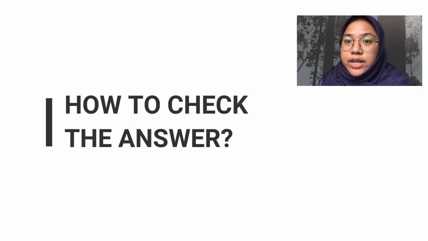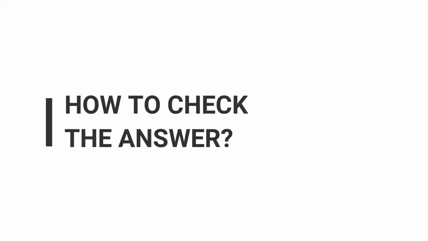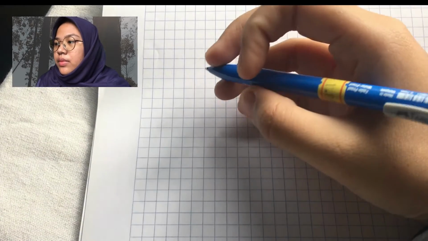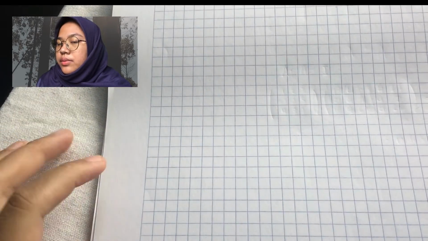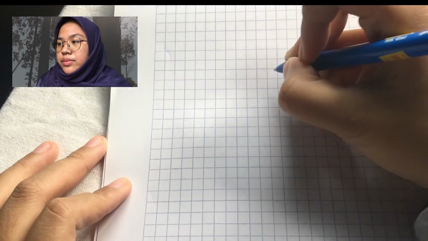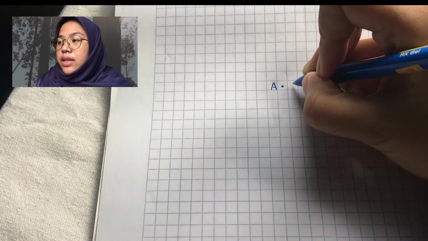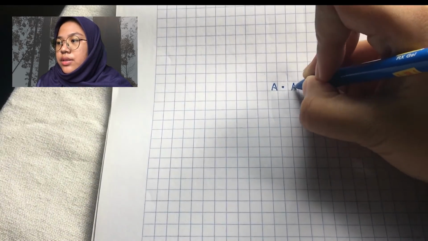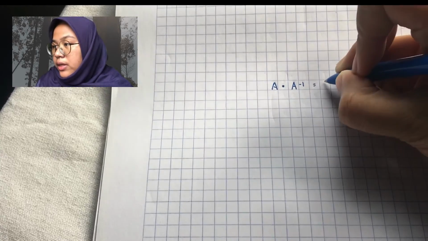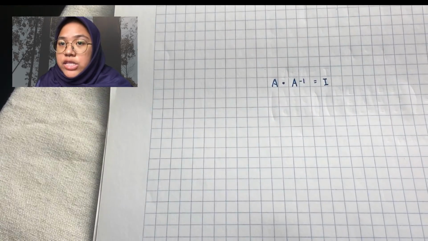How to check the final answer? A multiple A inverse equal to identity matrix.